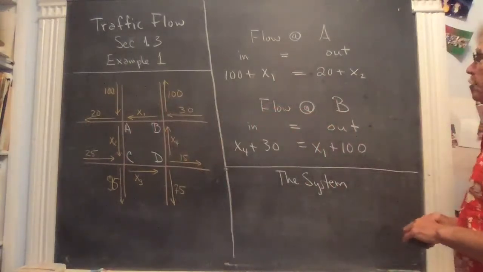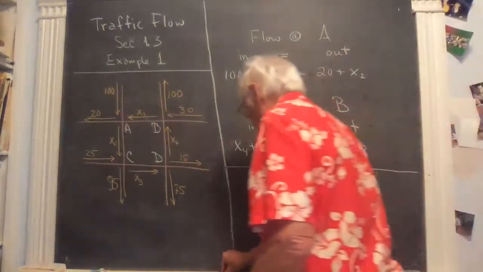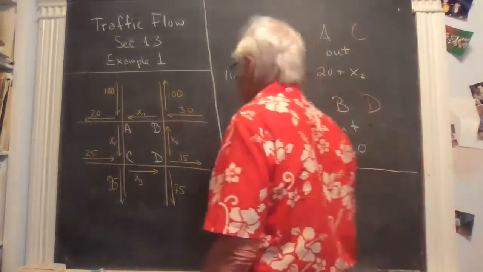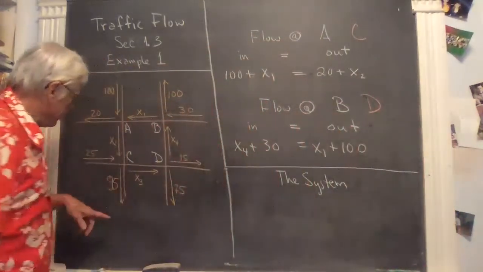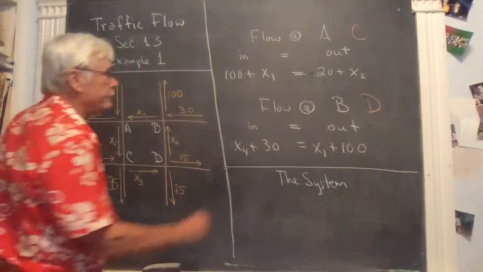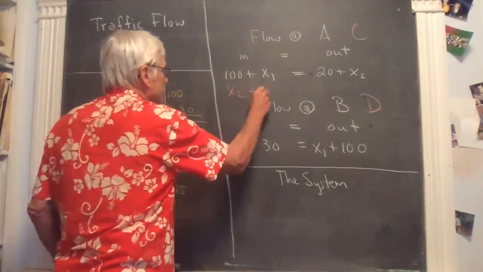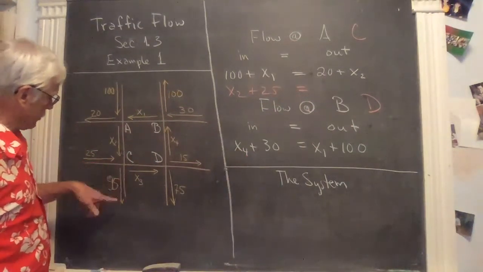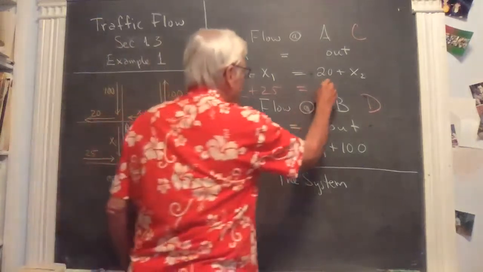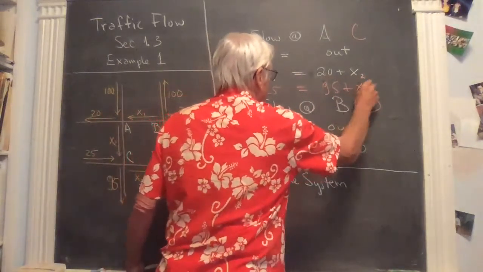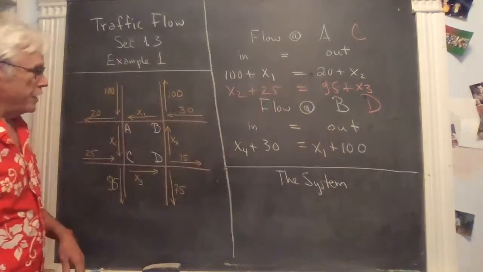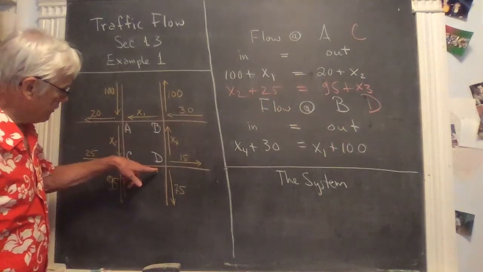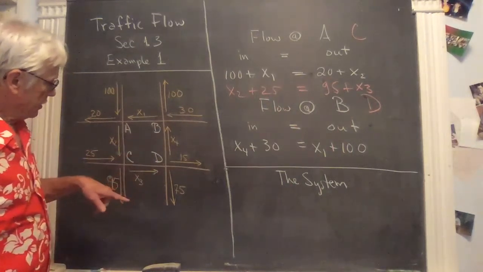So we want to do this at all of the different nodes. So we also want to do it at C, and I'll put it in a different color here, and at D. So at C, the input is X2 and 25. This will be equal to the outflow, which is 95 and X3. And at D, the inflow is X3 and, I guess that's it.